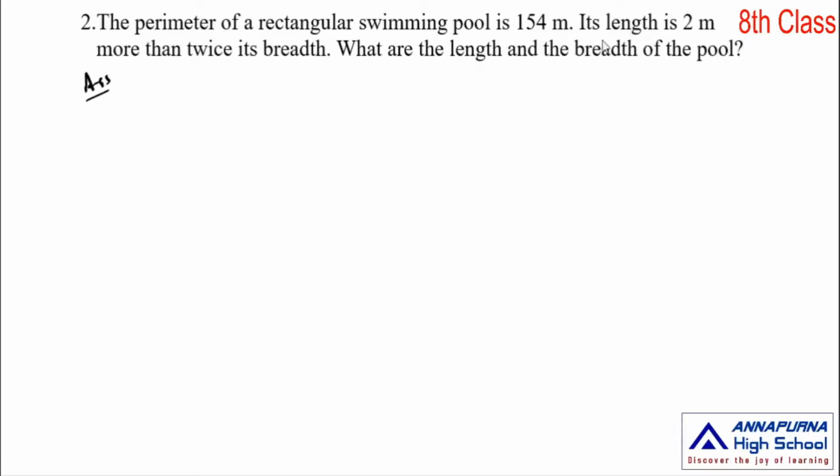That means the two dimensions of the rectangle, length and breadth, depend on one another. So which quantity depends on which one? Length depends on breadth. Observe the statement carefully. Length is 2 meters more than twice its breadth. So out of these two quantities, which quantity can we take as x? As per this statement, if you take breadth as x, then you can easily solve it.